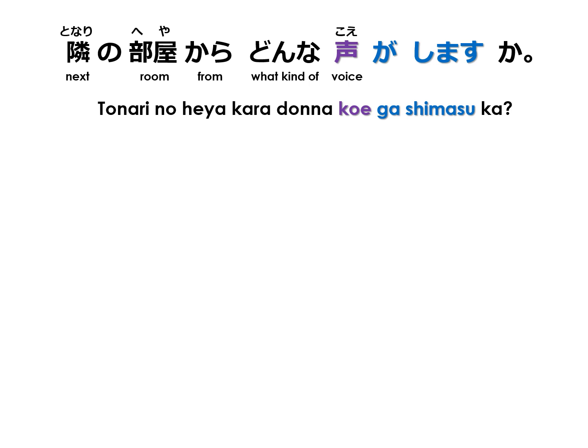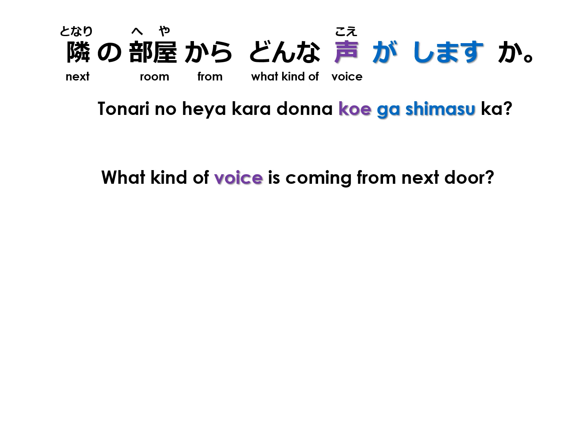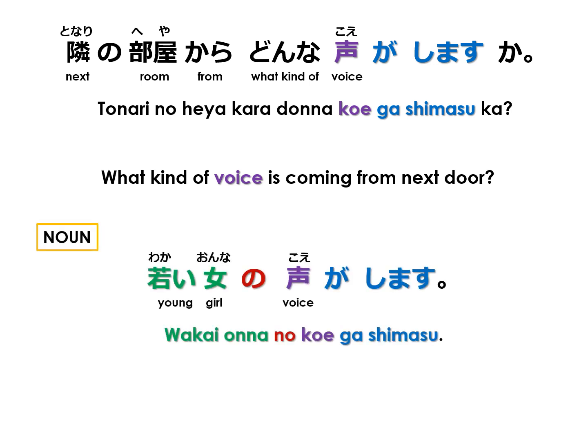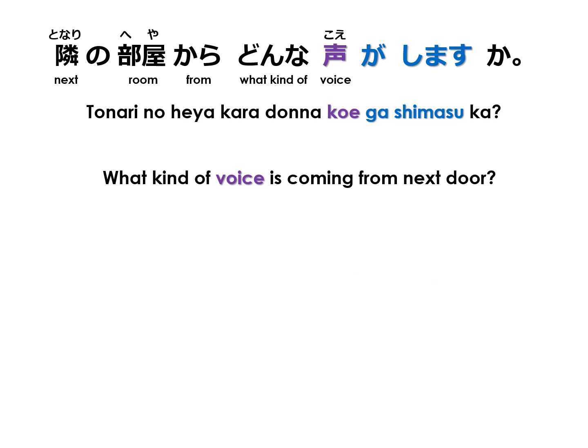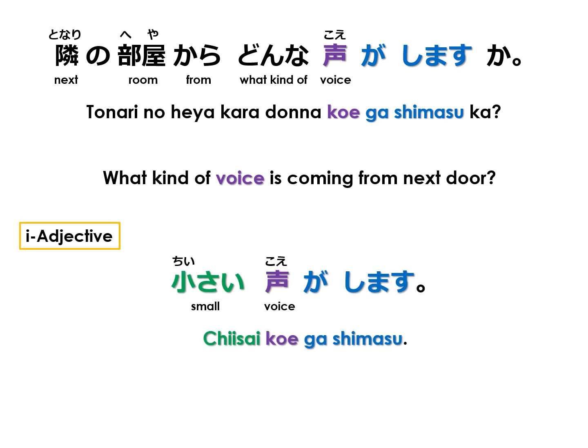隣の部屋からどんな声がしますか? What kind of voice is coming from next door? Using a noun, we can say 若い女の声がします. It's the voice of a young girl. Using an E adjective, we can say 小さい声がします. It's a small voice.